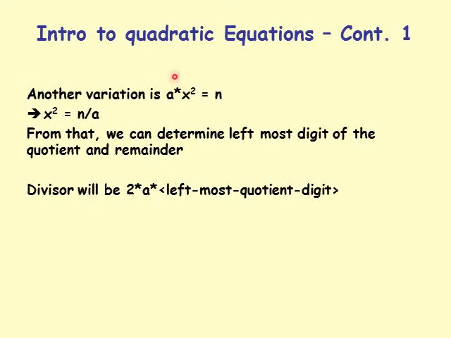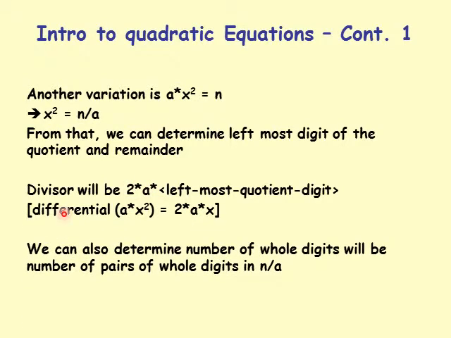Let's continue here. The divisor will be 2 times a times the leftmost quotient digit. If we do ax squared and take the first differential, that gives 2 times a times x. Instead of multiplying by 2 of the digit, we would be multiplying by 2a. The differential of ax squared is 2 times a times x.